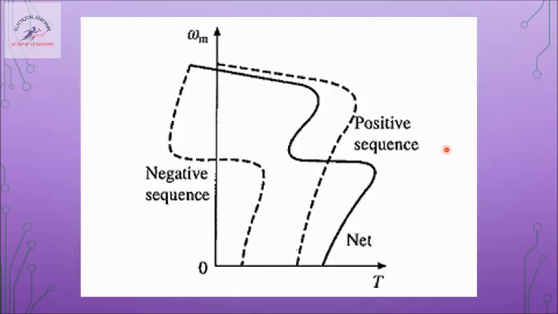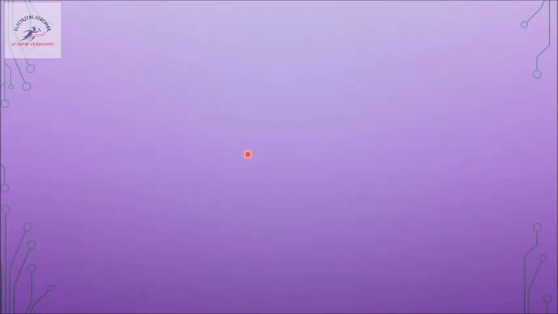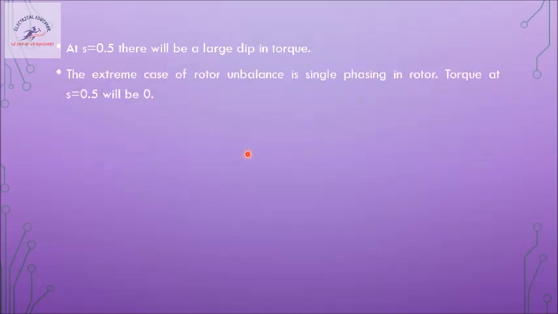Now if the imbalance is very strong, an extreme case of rotor imbalance, we initially said it is because of loose contacts in the rotor bars, but now we take an extreme case where single phasing occurs in the rotor, that is, one set of conductors belonging to one phase in the rotor is not connected to the rotor rings.